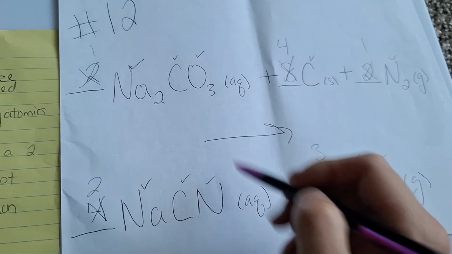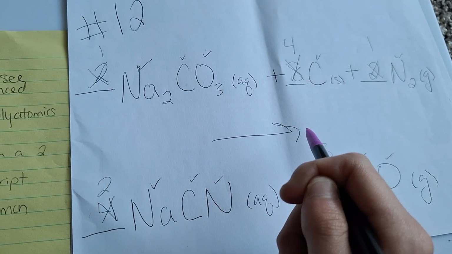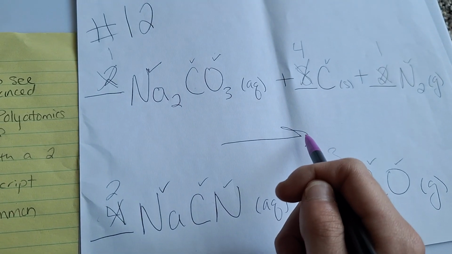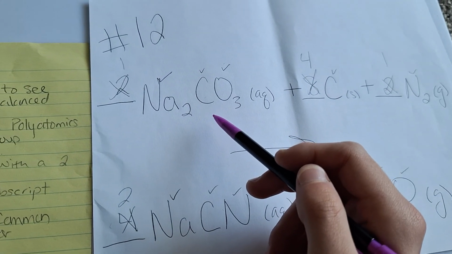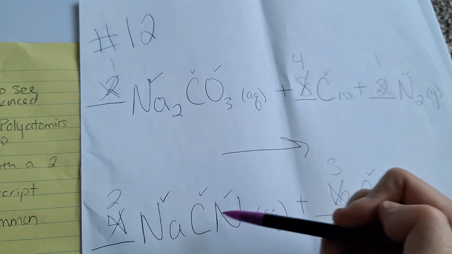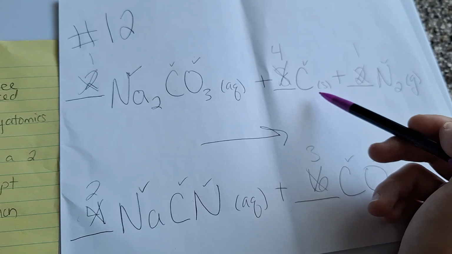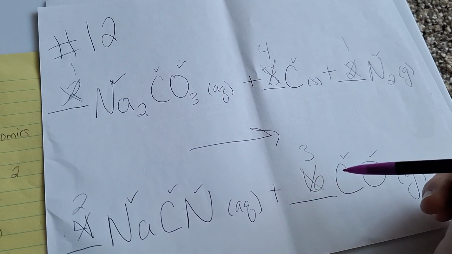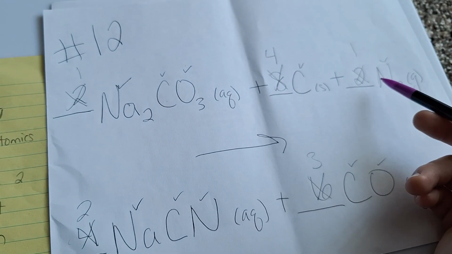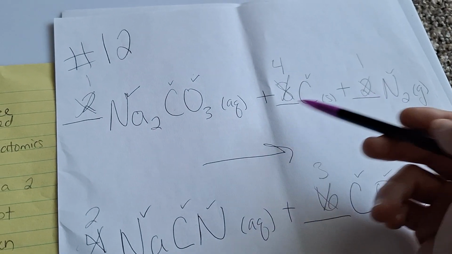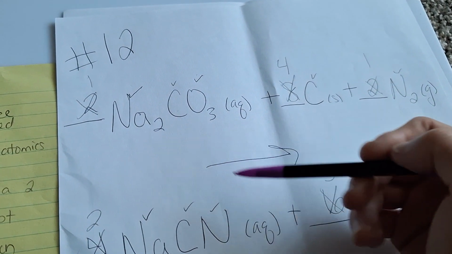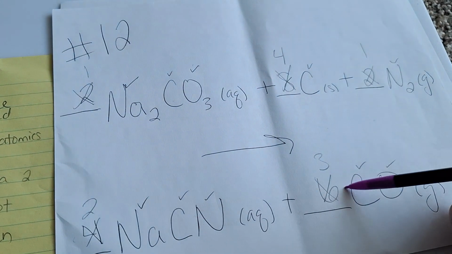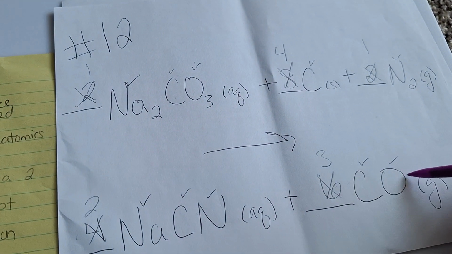Now, this one is also a little tricky because the sodium changed, but some of the others changed too. So carbon here was single, nitrogen here was single, but there's carbon here twice, and only oxygen in 1.